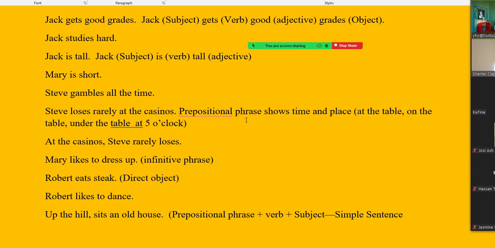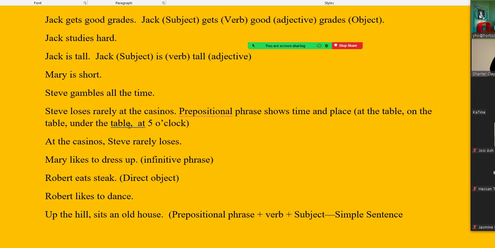It shows time and place. Preposition. Yes, so "at the casinos" is a prepositional phrase. A prepositional phrase shows time and place, such as at the table, on the table, under the table, at 5 o'clock. So "I get off work at 5 o'clock." "At 5 o'clock" is a prepositional phrase that shows time and place.